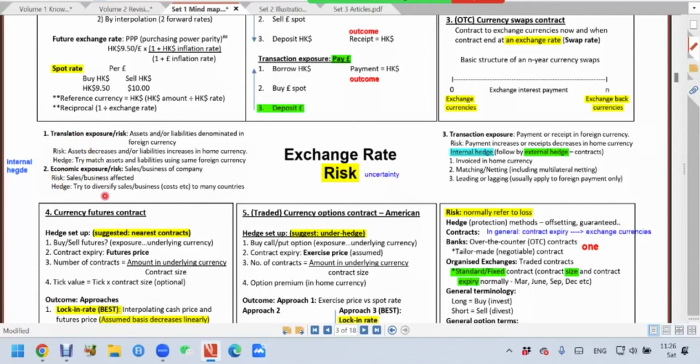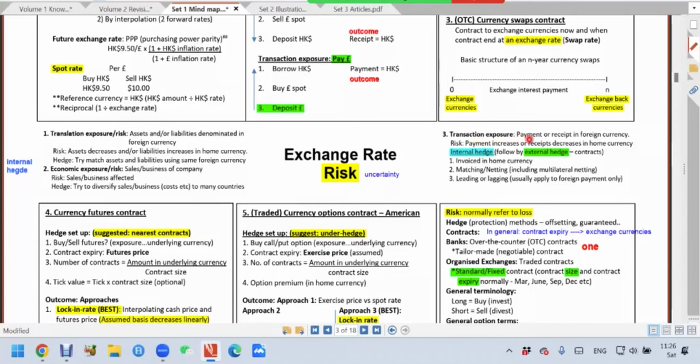The last one is the most important. It's called transaction exposure. Here we are talking about international transactions: import, export. With import, you have to make a payment.